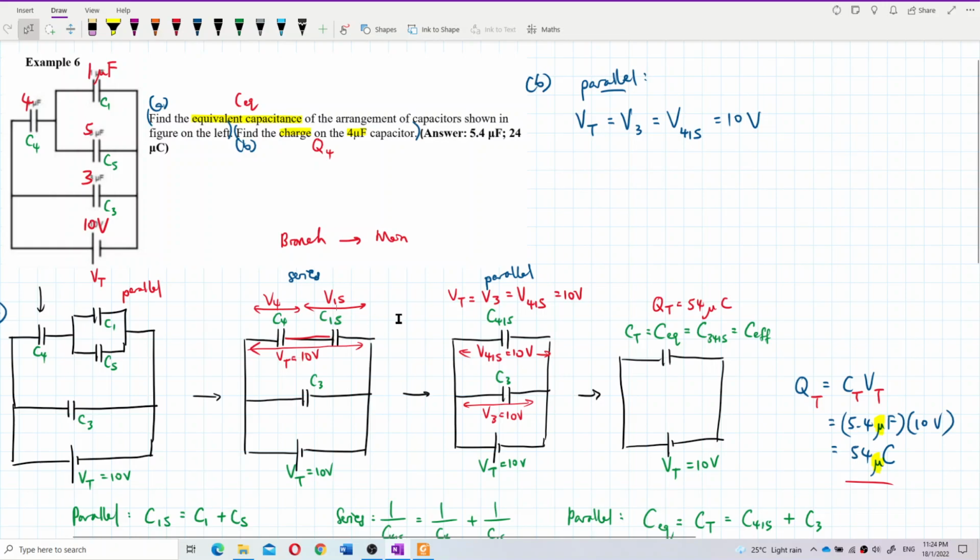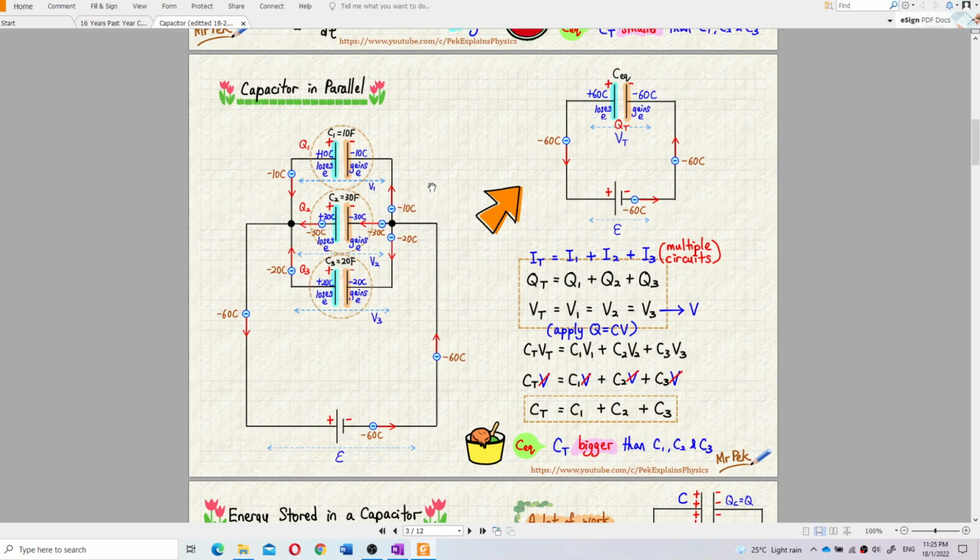So what I can say, I can write over here, series. V415 is equal, in series.